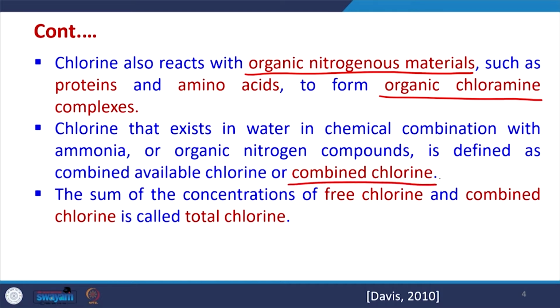This is different than free chlorine. So, we have free chlorine, which is either HOCl or OCl minus, then we have combined chlorine, which is the chlorine combined with ammonia or organic nitrogenous compounds. And the combination of free chlorine and combined chlorine is called total chlorine. So, this is the simple information.